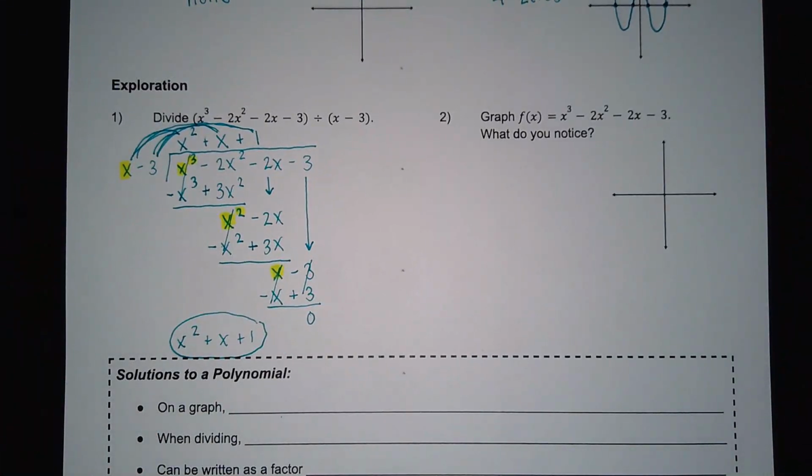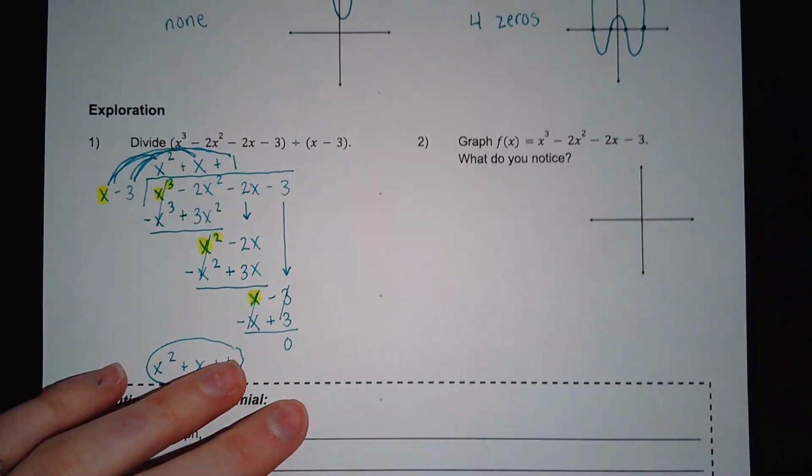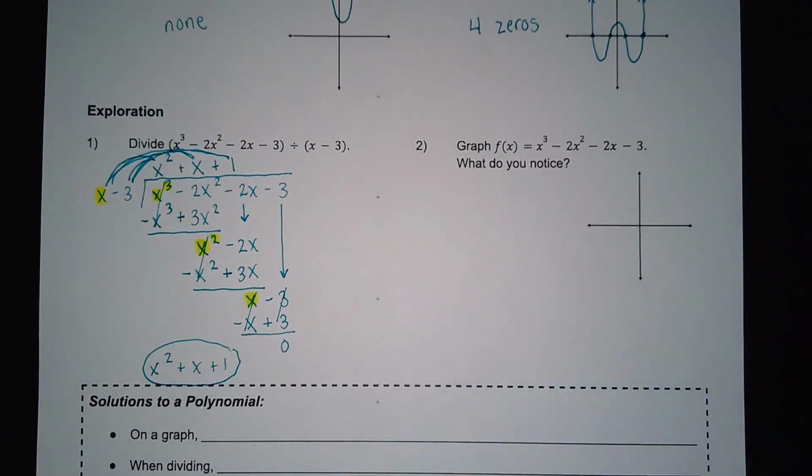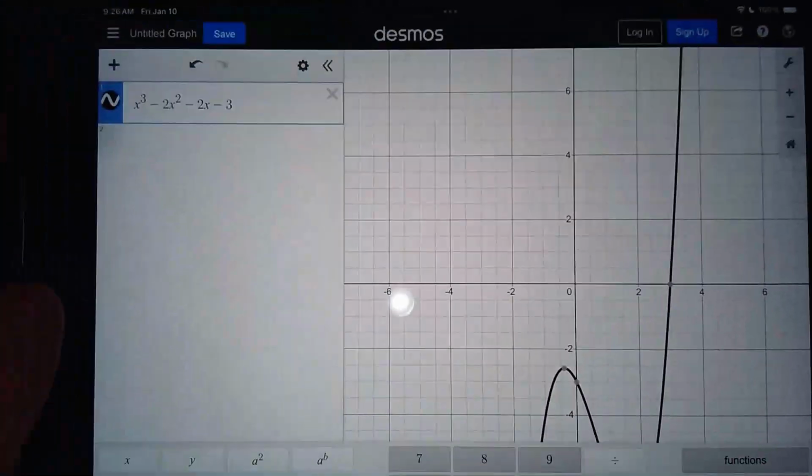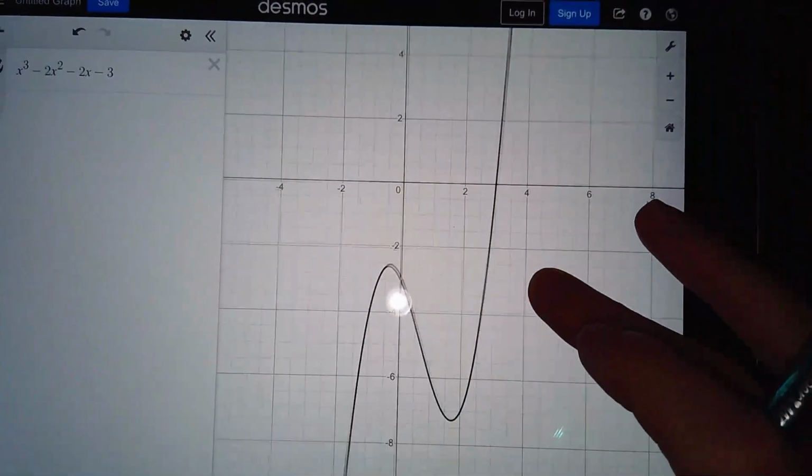Now, what we want to take away from this is actually what we compare to number 2. So I'm going to go ahead and graph this equation on Desmos. If we graph this equation on Desmos, this is what our graph looks like.